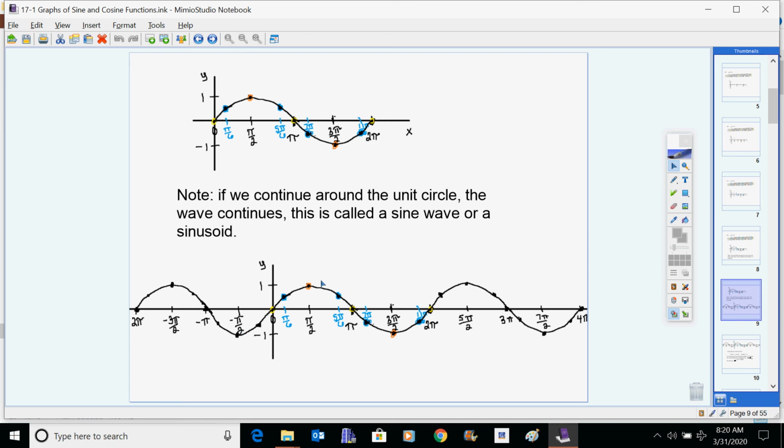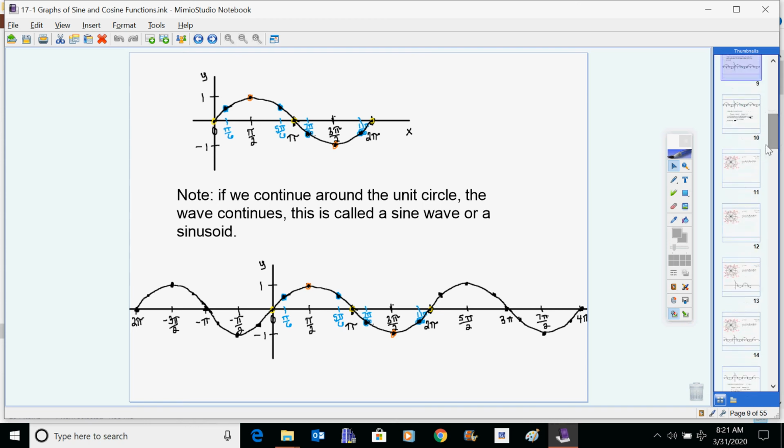So once you have a basic one period of a sine curve, that curve goes on and on. You have applications for that in music and all different things where you've got any kind of wave motion happening, so it can be used in many different forms of study.